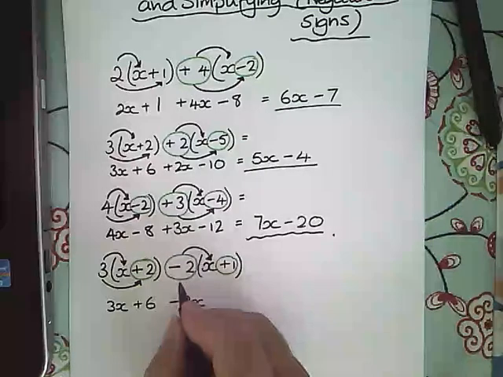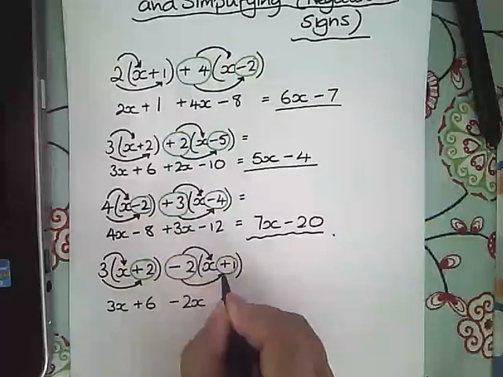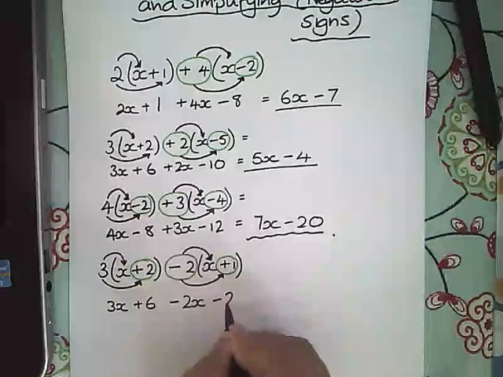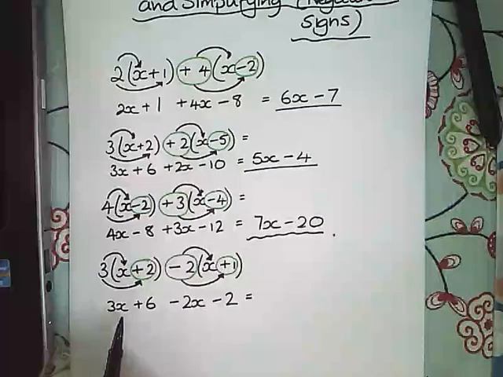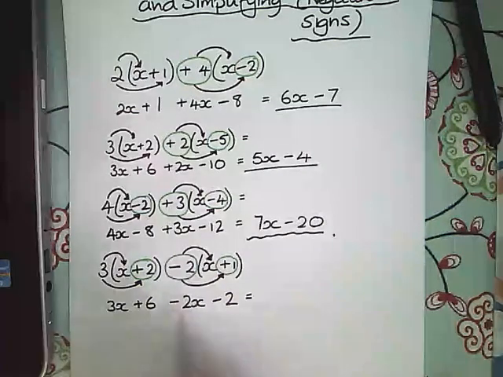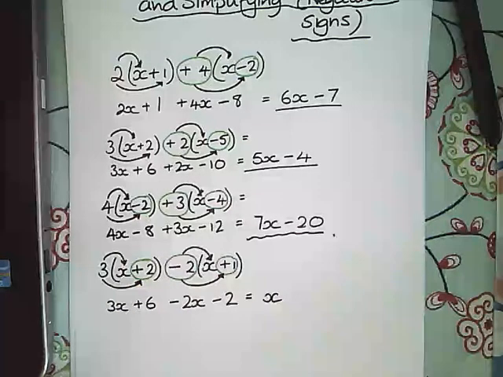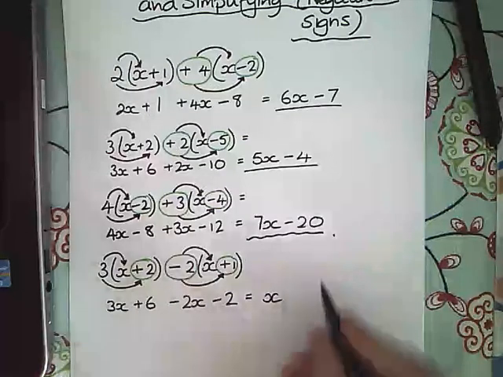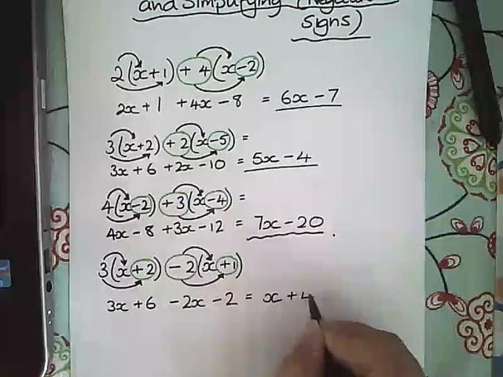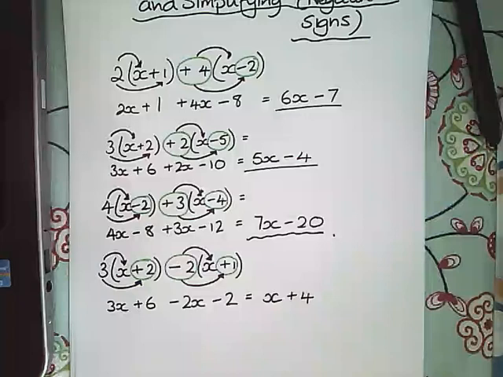And then we've got minus 2 times 1, which is minus 2. So that's the expansion bit done, being careful with the signs. Let's tidy it up. I've got 3x, take away 2x, which leaves me with 1x, and then 6, take away 2, which leaves me with positive 4. So that simplifies to x plus 4.